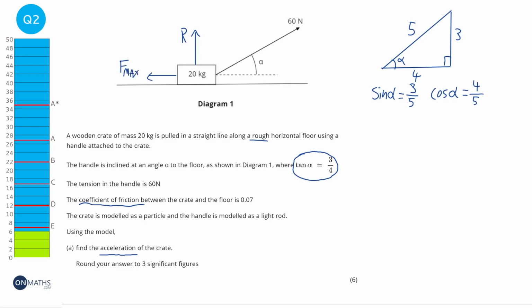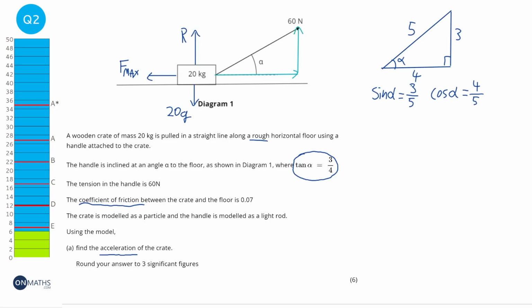Okay, next we know that it has a mass, like it weighs something, and that would be mg, so 20 is the mass, and g, which is 9.8. Right, next thing we can do is just split up this diagonal force into a horizontal and a vertical force. Sometimes we don't do this on the diagram, but sometimes it's a bit easier if we've got space.